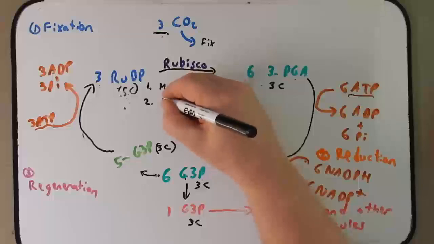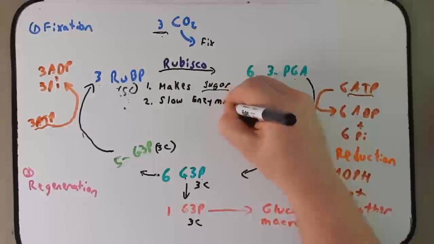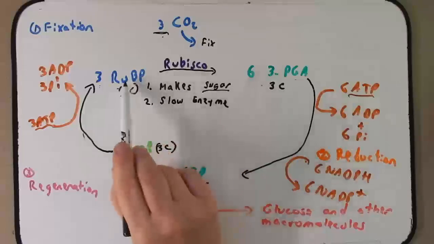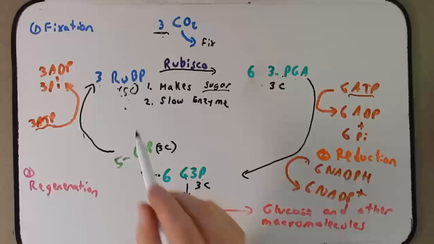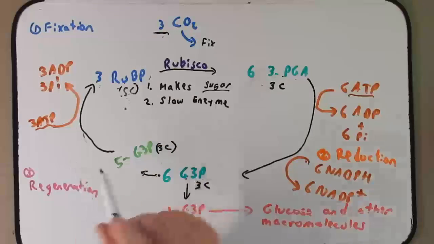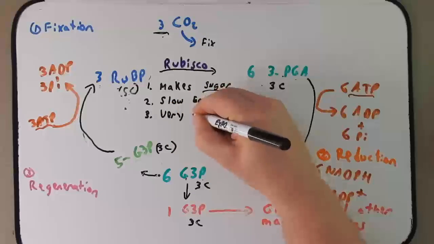An interesting thing about it is that it is a very slow enzyme, dreadfully slow. In fact, this reaction here from RuBP to 3-PGA is not an energetically favorable reaction. But what makes it favorable is that we're constantly producing the reactants here of RuBP, but also it's very abundant.